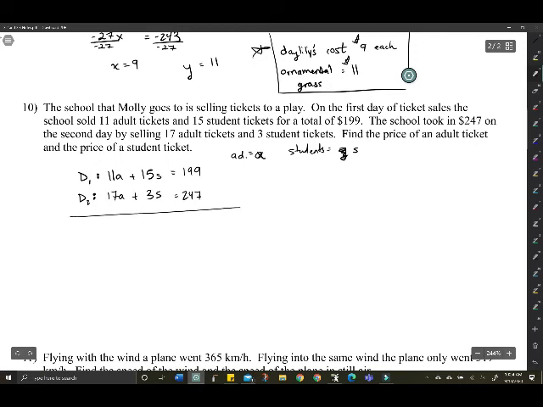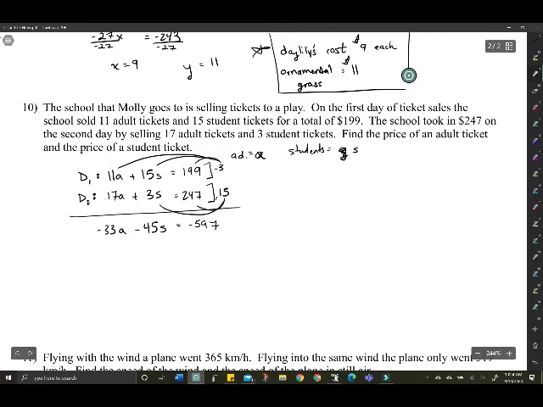Once you have that set up, then you can go about multiplying. So we're going to have to multiply both equations here. I'll choose a negative 3 up top and a positive 15 on the bottom. So it's going to be negative 33a minus 45s is equal to 199 times negative 3, negative 597.